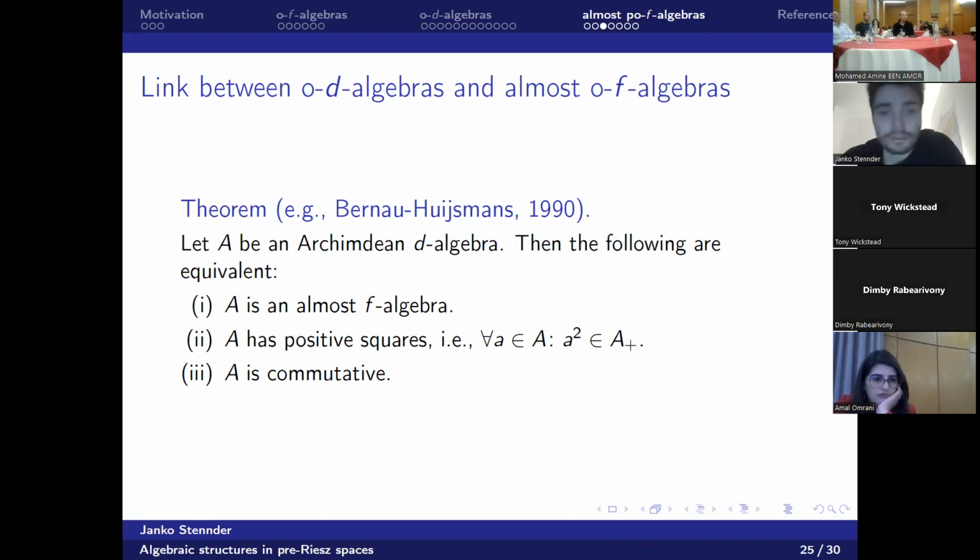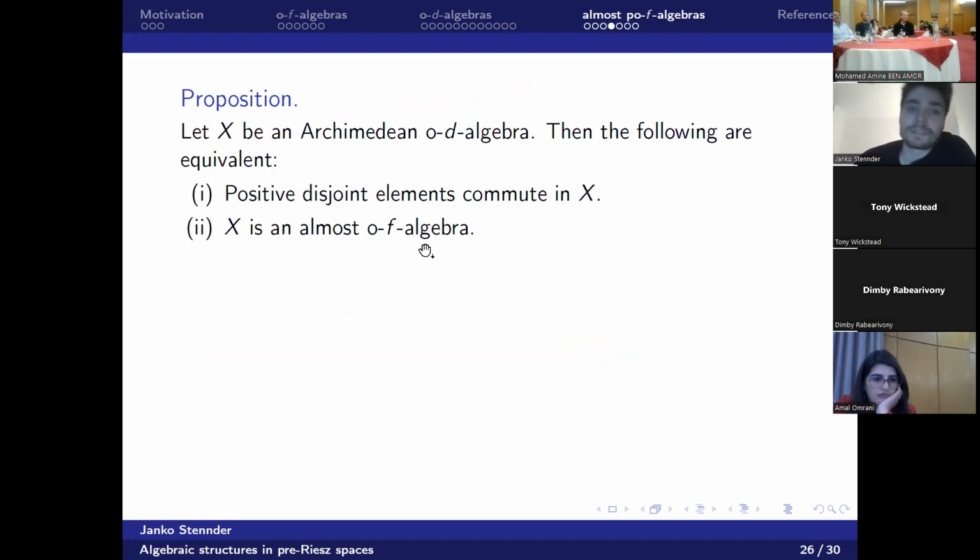But of course, we know in general this will not be true in partially ordered vector spaces because of the disjointness problem. But we at least get that an Archimedean OD algebra is an almost f-algebra when every positive disjoint elements commute. But because of the few disjoint elements, maybe this is a very weak statement.